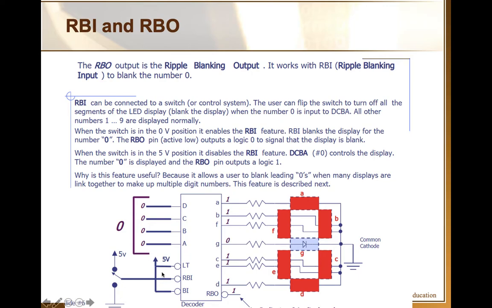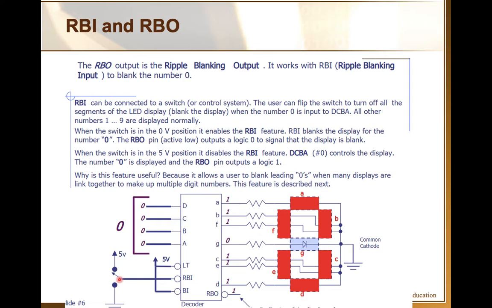If RBI is connected with 5 volts, which means that it is not active, it is disabled, then whatever number is here will be displayed, and if there is a 0, it will be displayed. When the switch is in the 5 volt position, meaning RBI is high, this functionality is disabled, so if there is a 0 or any number, it will be displayed.